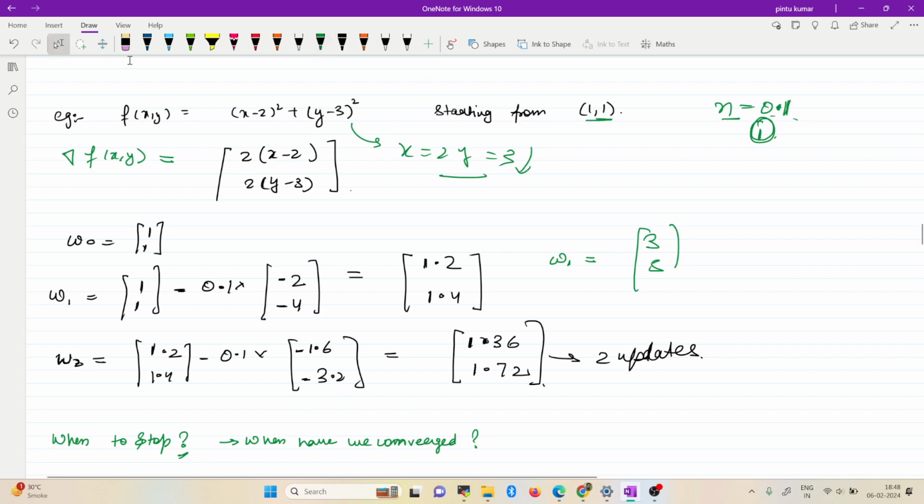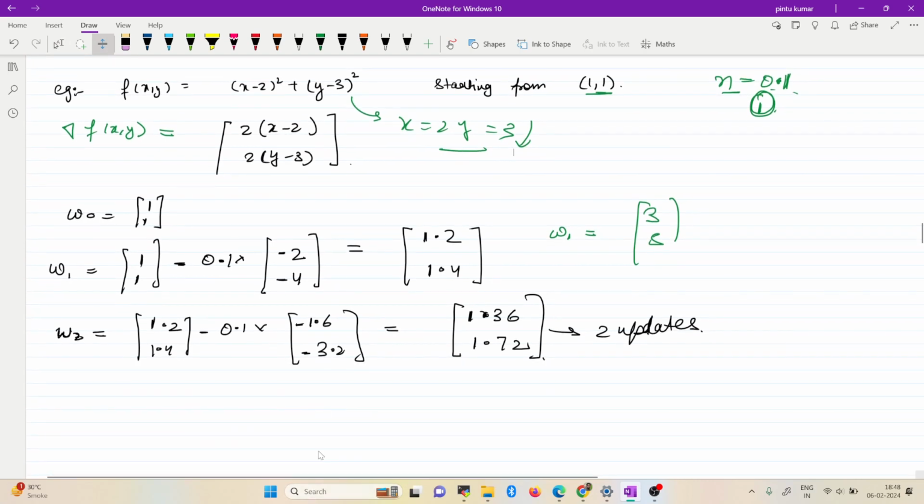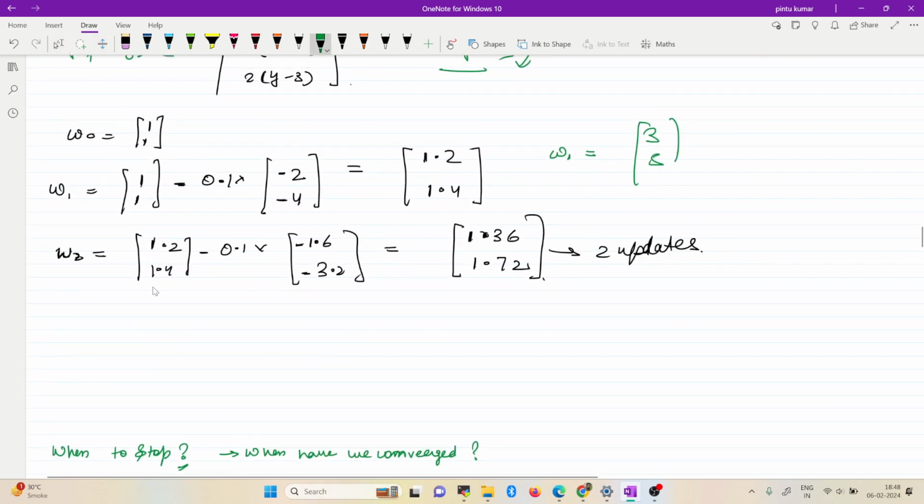So what I am trying to say is, depending on this value of eta, if you take eta very small, then you take a lot of time to converge.